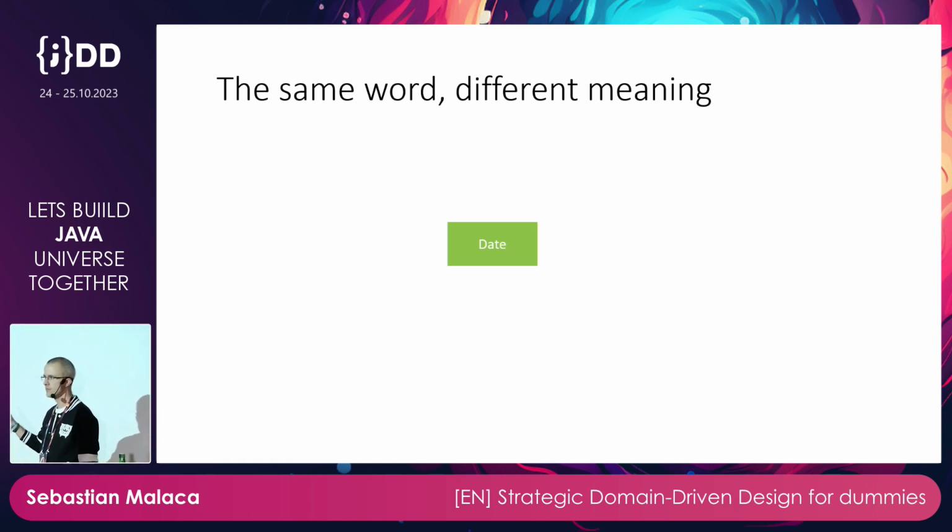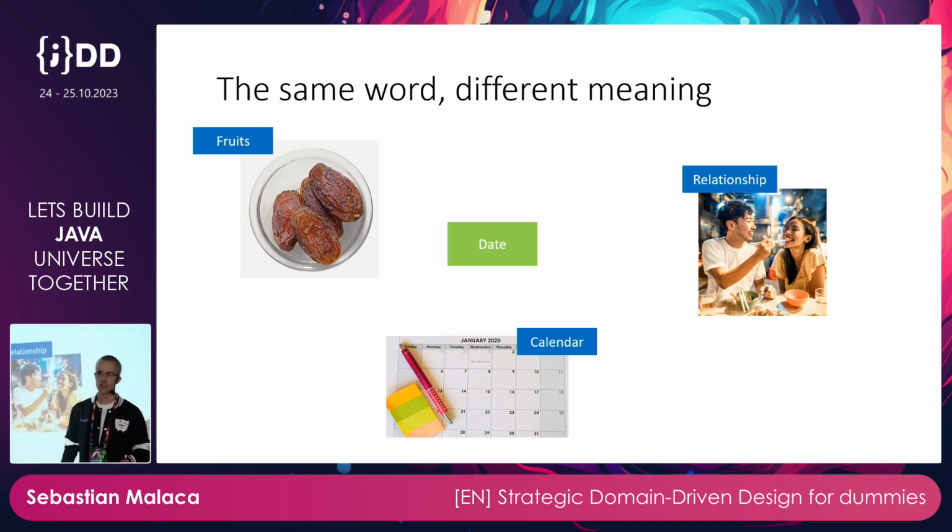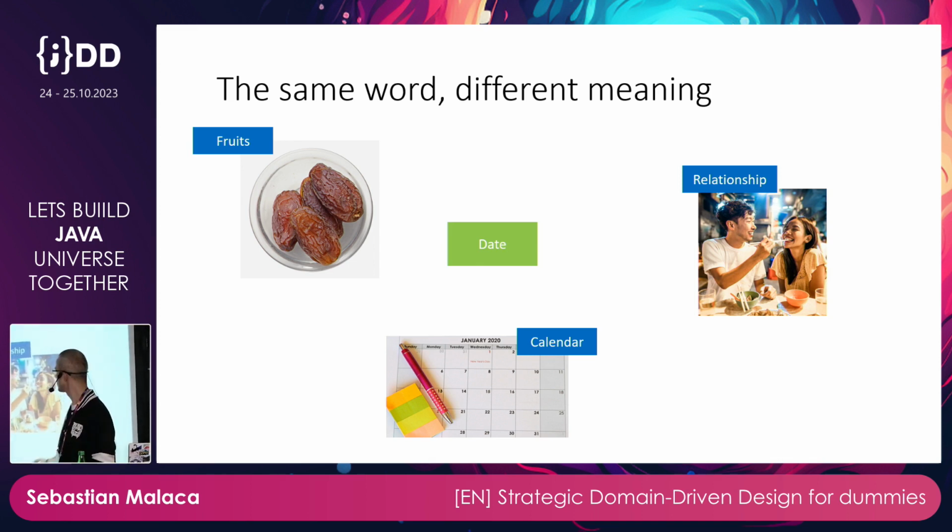Date. One word. Each of you just thought, what does it mean? Each of you has got an answer. The problem is, there is a high chance that within that group, not each and every answer is the same. So date can be a fruit, it can be a relationship, it can be a calendar. And only by telling you about the context, this is a unique word.